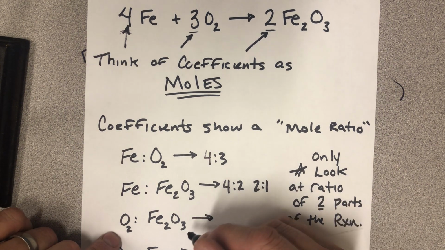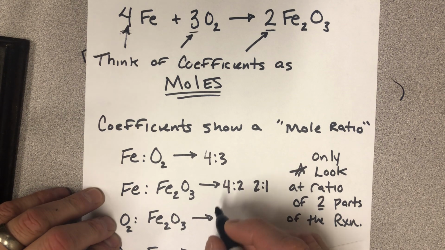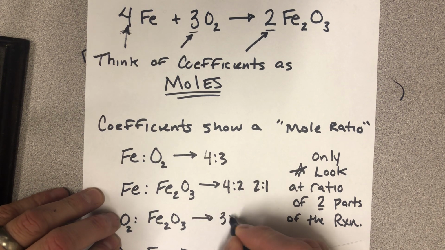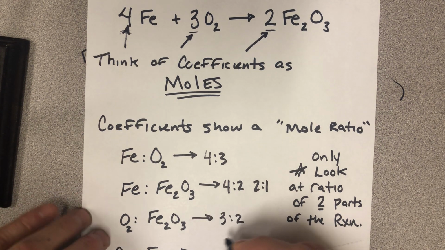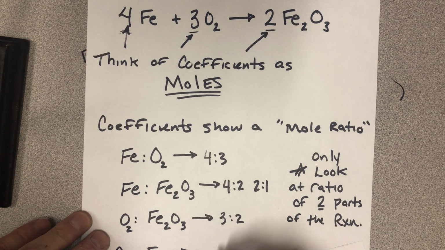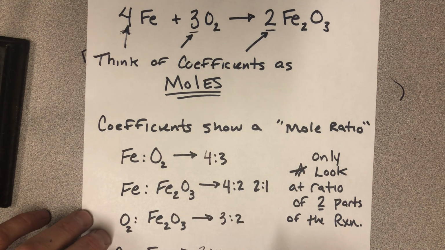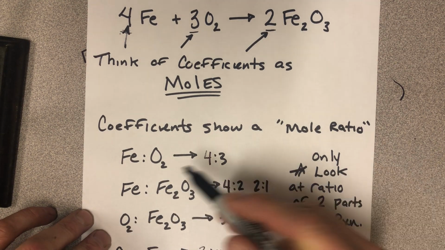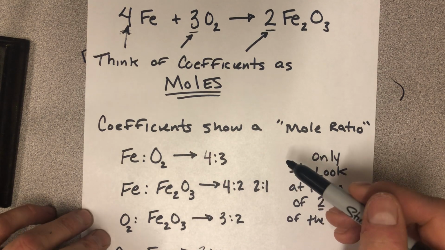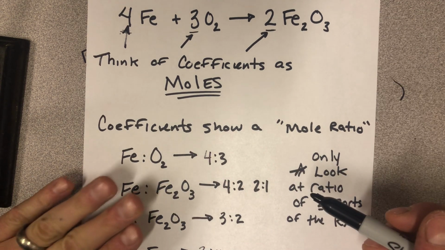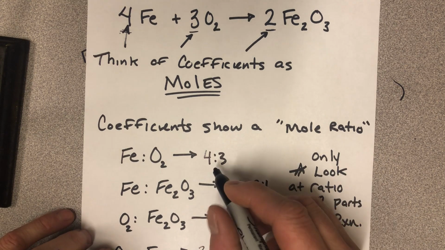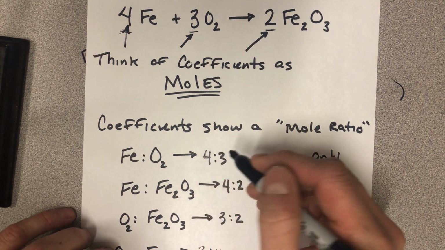The oxygen gas to iron 3 oxide, this is a 3 to 2 ratio. And then oxygen to iron is 3 to 4. Kind of the opposite of the iron to oxygen. So we're only going to look at 2 things at one time in this first part of stoichiometry. So these ratios are important to understand, though.